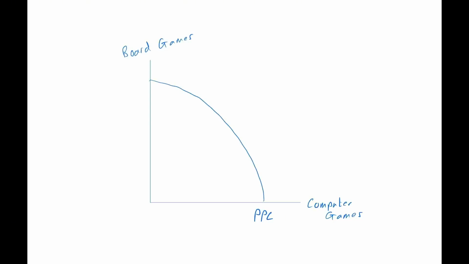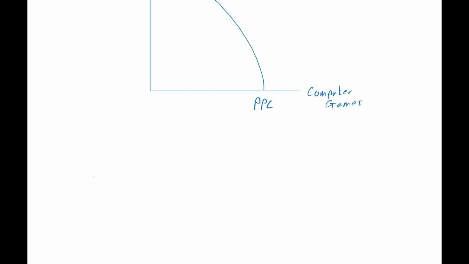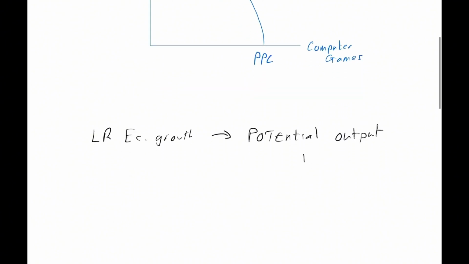But all we need to really understand here is that long-run economic growth is when there is an increase in the potential output. The potential output, okay? So here we are looking at what the output would be if all of the factors of production were fully utilized, okay?